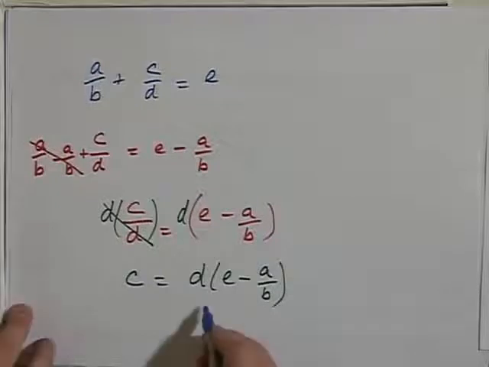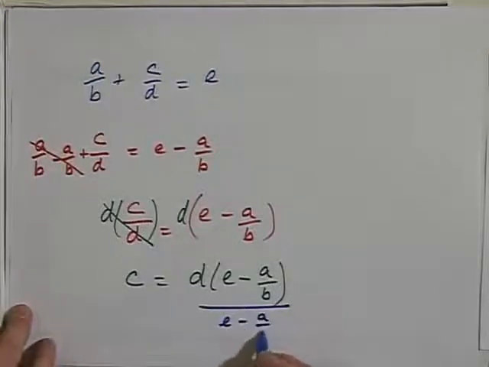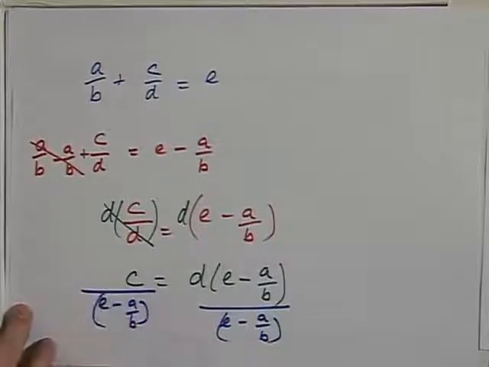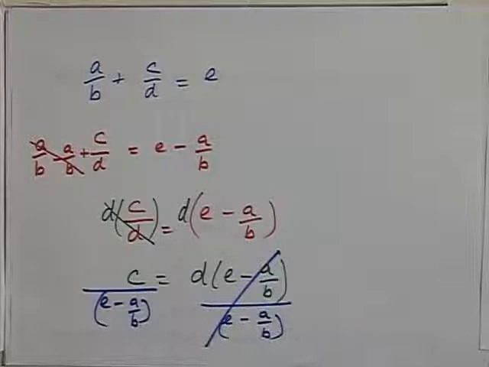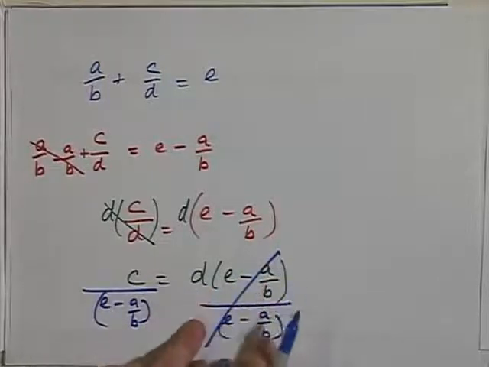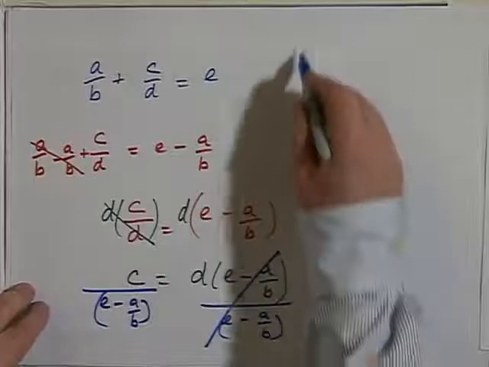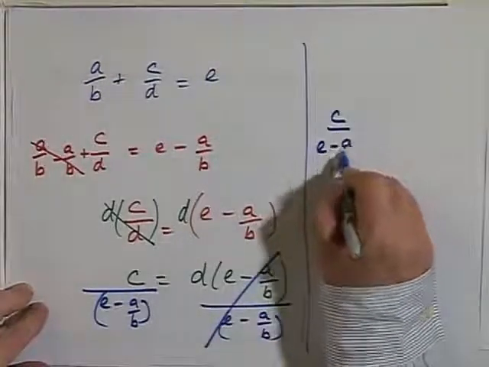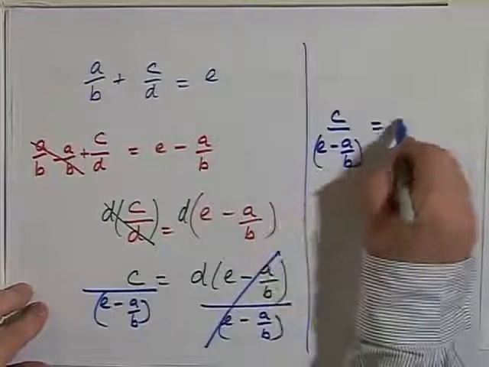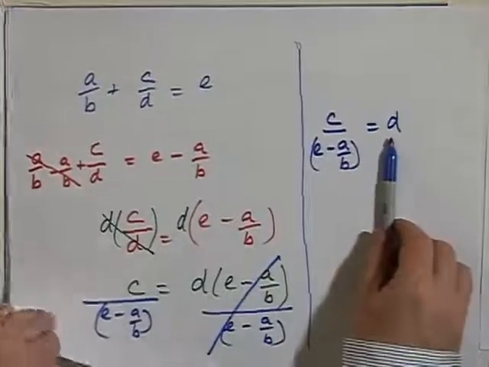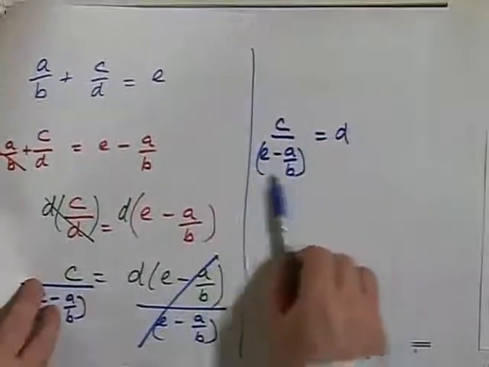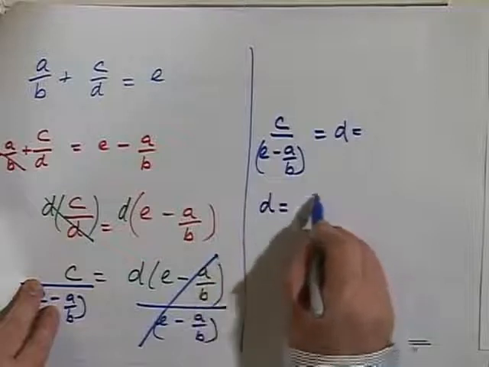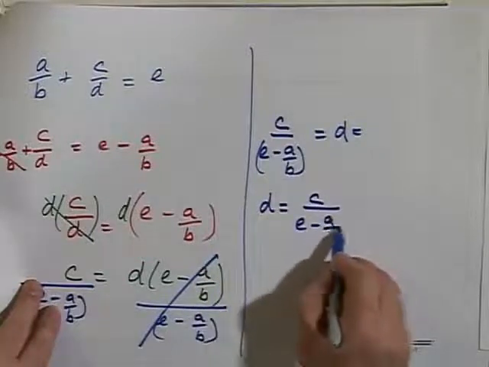But let's divide by the mess, E minus A over B. I chose the mess because it was the same mess above, so it will cancel. So now I'm left with C over E minus A over B is D, and I could write that as D equals C over this. By just flipping it around, D is equal to C over E minus A over B.